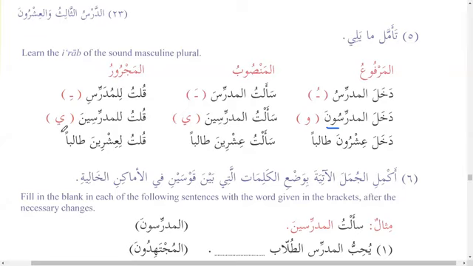So there will always be only 2 ways when a noun is marfu, mansub, and majroor: either by a vowel, by haraka, or by harf. So al-mudarrisu, al-mudarrisa, al-mudarrisi, we have the vowels here. And una, ina, here we have the huruf, which are waw and ya. What kind of huruf are they? In tajweed, what do we call them?